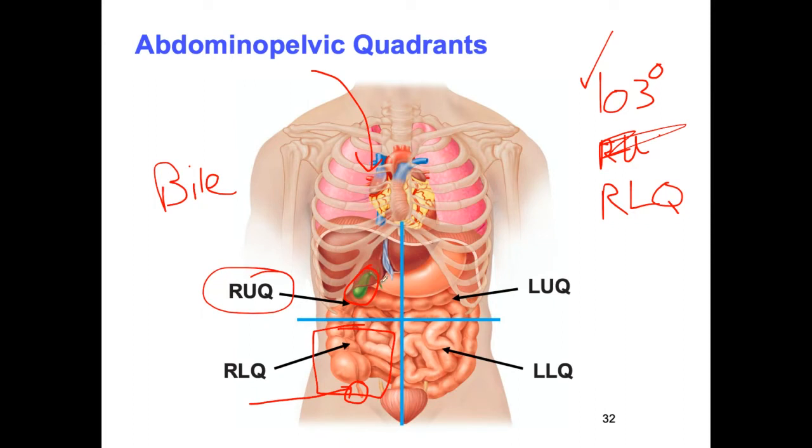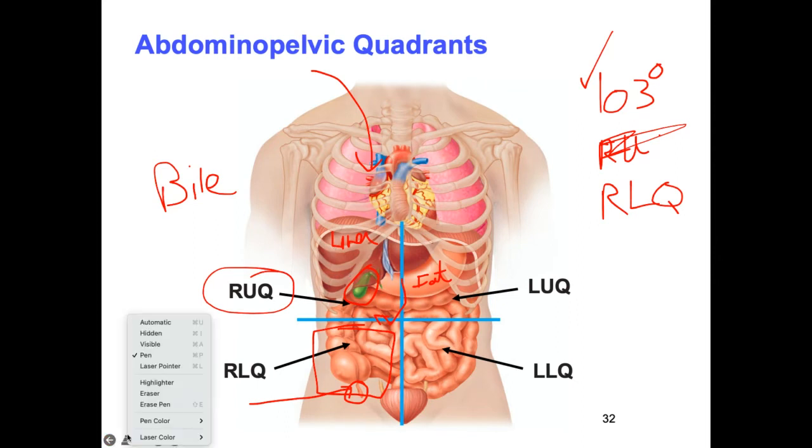The gallbladder releases bile. It's the liver right here that produces bile, and then it stores it in the gallbladder. And whenever there's fat in the stomach, when you consume food, and there's fat in the stomach that gets emptied into the duodenum, the gallbladder contracts and pushes out bile, which is a fat emulsifier.